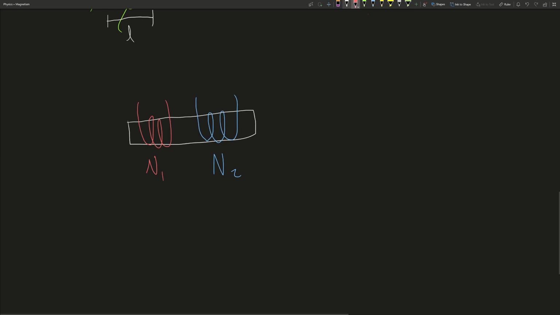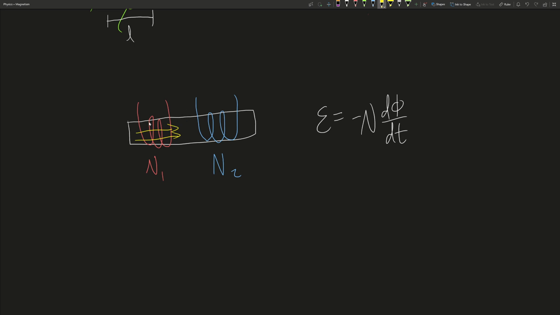So we know that EMF is going to be equal to negative N times the change in flux over time. Now notice that since they're both wrapped around the same core, a change in flux or a change in magnetic field, so the area stays constant between them because this is like a singular rod.